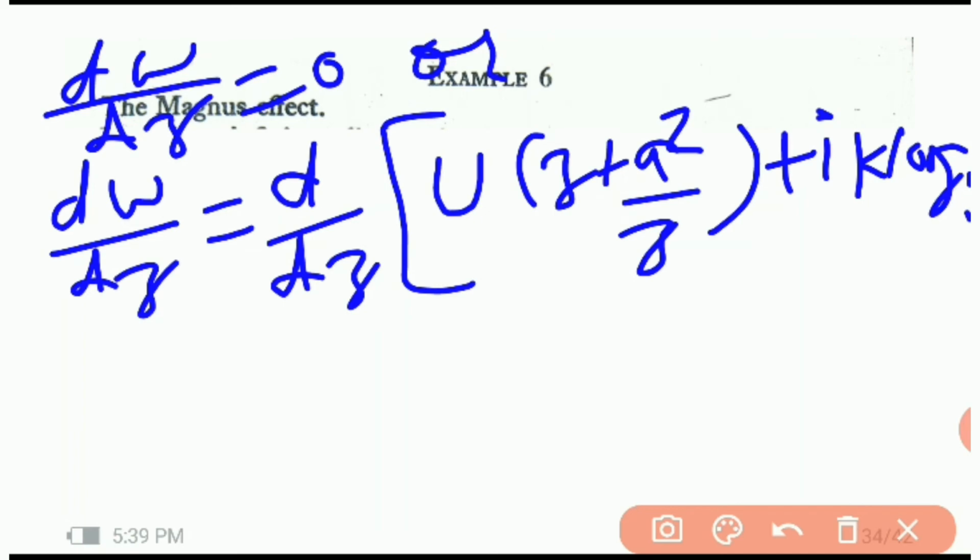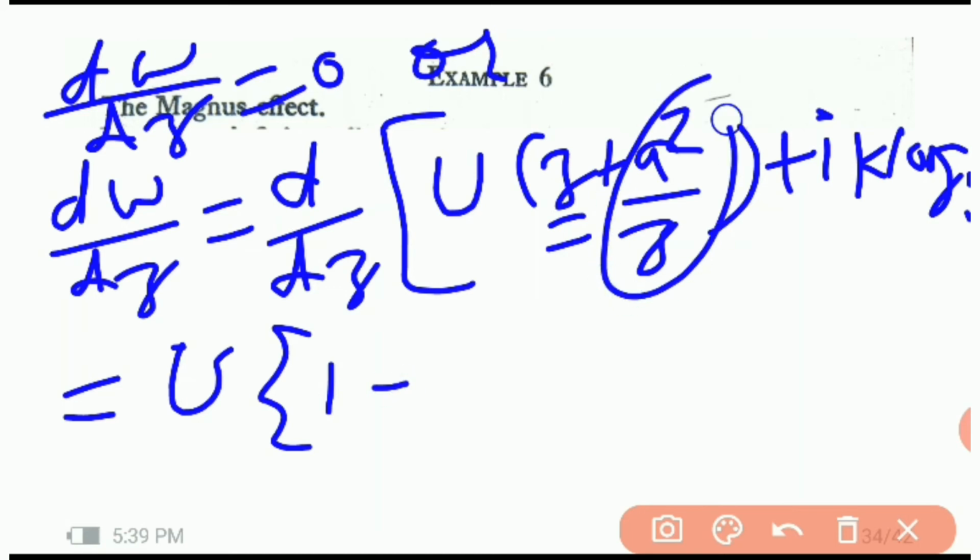So what do we get? We get this is equal to U in bracket, derivative of z with respect to z is 1, derivative of this is (a/z) whole squared, not this, a² by z, not whole squared.